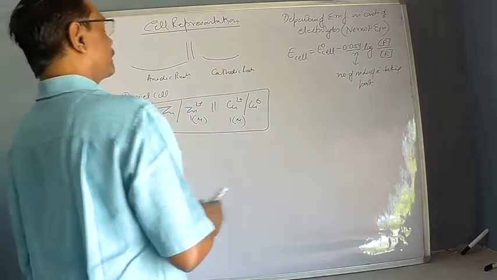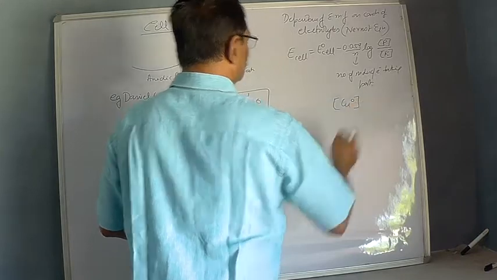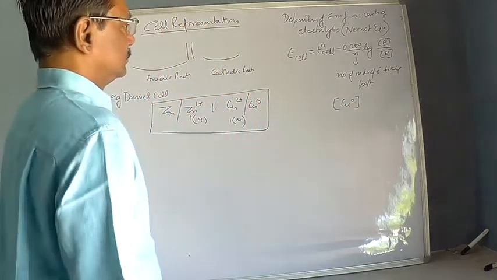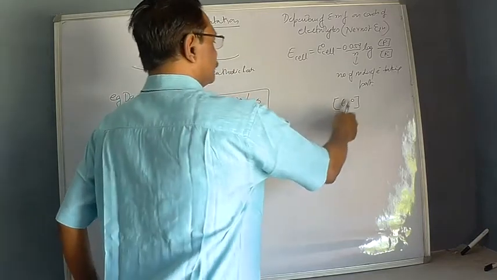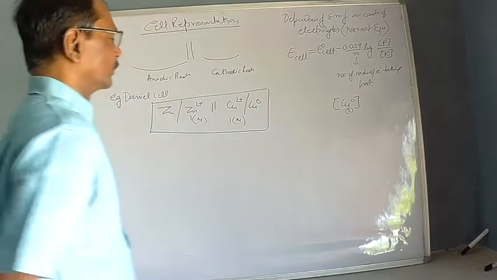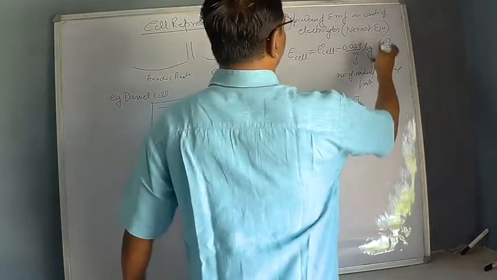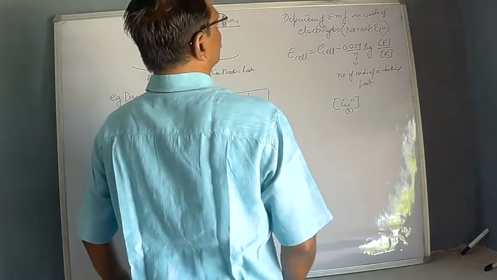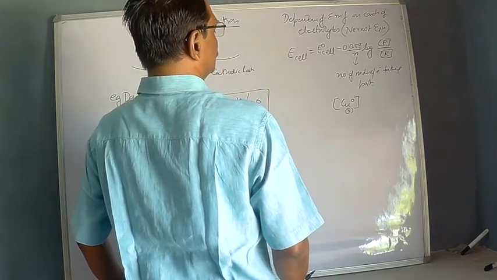Class, one thing more. If I write here Cu0, square bracket represents molar concentration. Cu0 means what? Copper solid. And remember your chemical equilibrium. Actually, class, it is your P by R. It is coming from chemical equilibrium, that is your law of mass action. We are not going into those expressions.